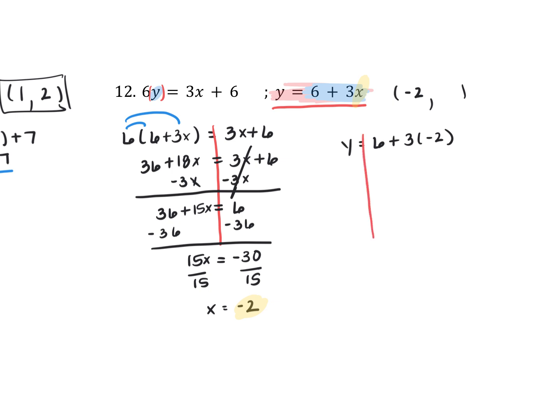Get my left side and my right side. And I say y equals 6. And then I have to distribute 3 times negative 2. 3 times negative 2 is going to give me a minus. That negative is going to be a negative number, but we're going to use it as a subtraction. So 3 times 2 is 6. So I get y equals 0.